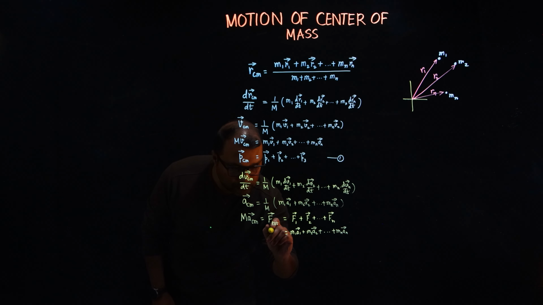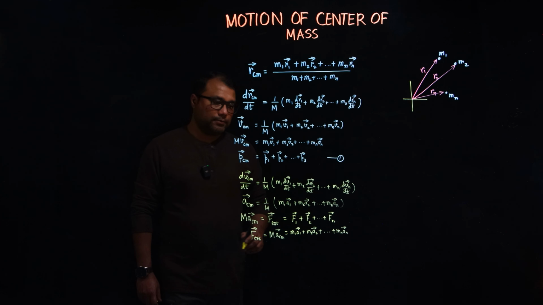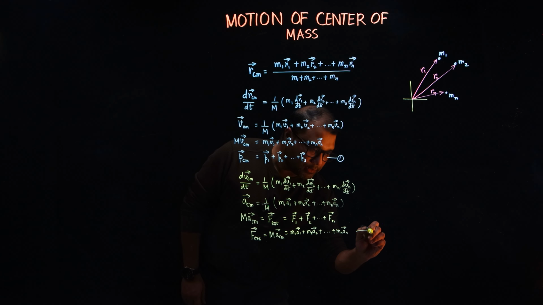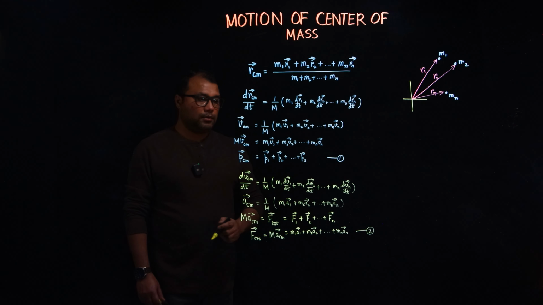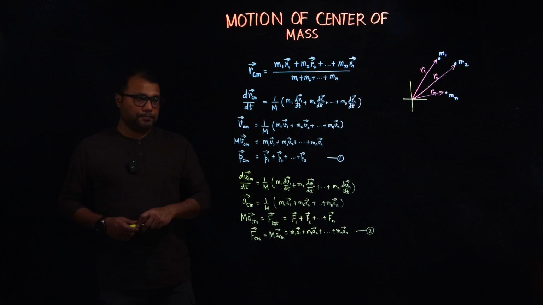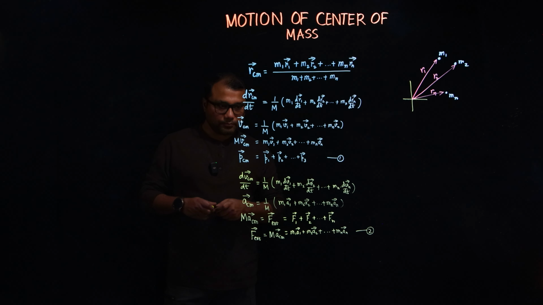Okay. So let me write the sum of external forces equals total mass of the system times the acceleration of the center of mass, and this is another useful equation. Okay.